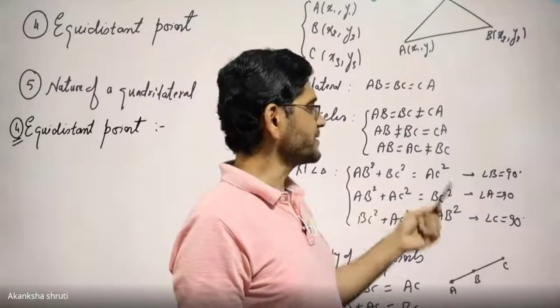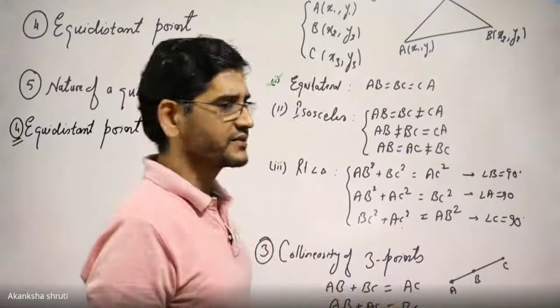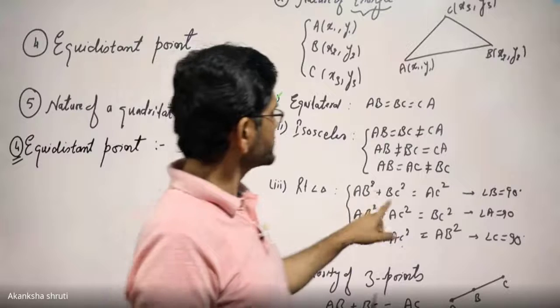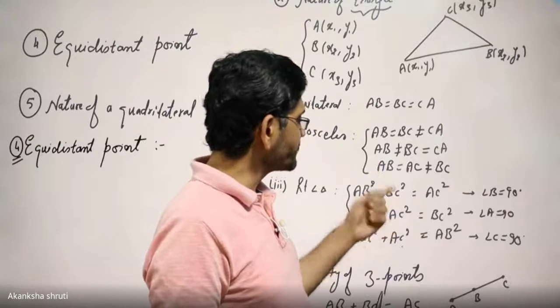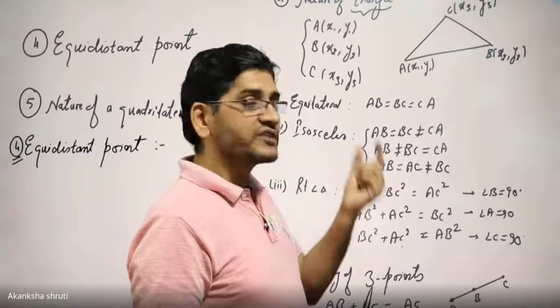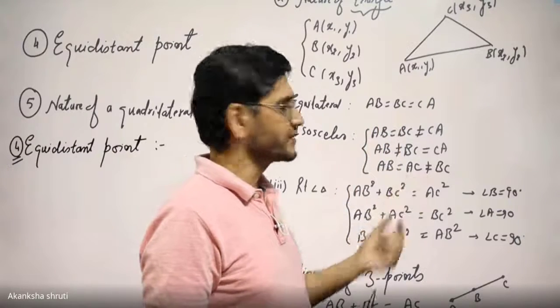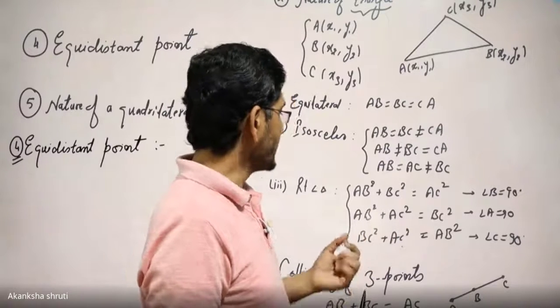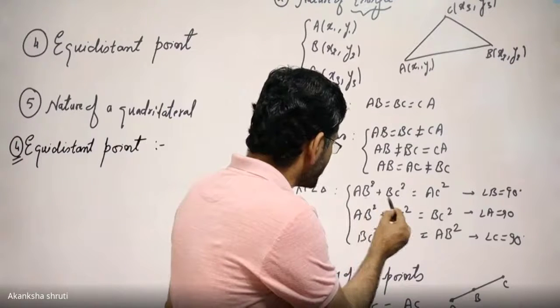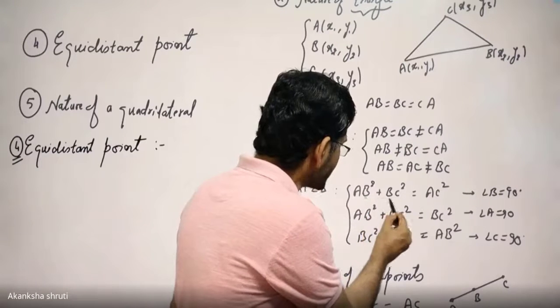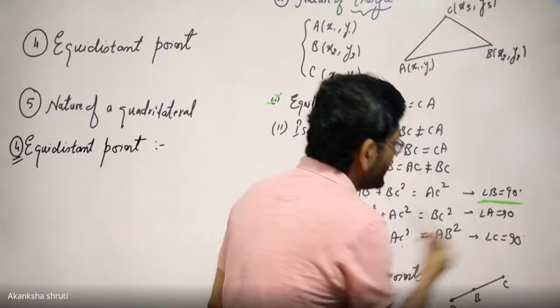At which angle will it be a right angle? Students, we have to see the sum of the squares of the two smaller sides. If it equals the square of the third side, then the common vertex from which this sum is calculated will be 90 degrees.